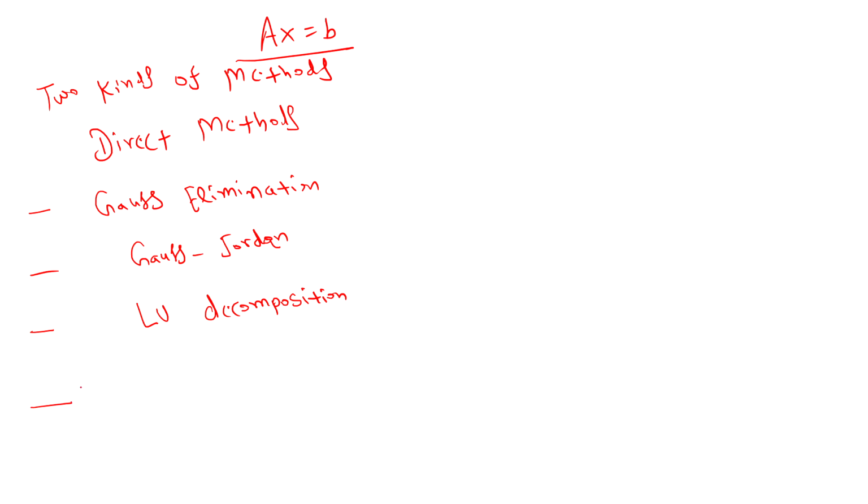And the fourth method which comes in this category is Thomas algorithm or method. There are different variants of this Thomas algorithm or Thomas method, like the line by line Thomas algorithm method, which is out of the scope of this course. We'll try to learn that in CFD.